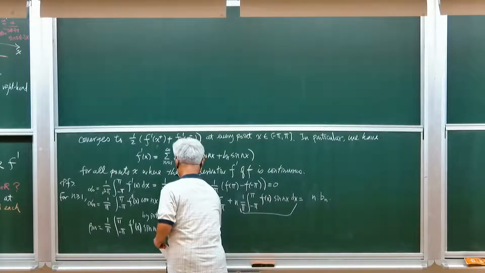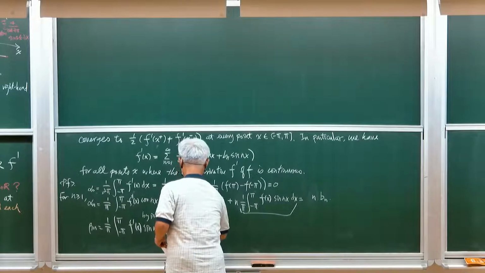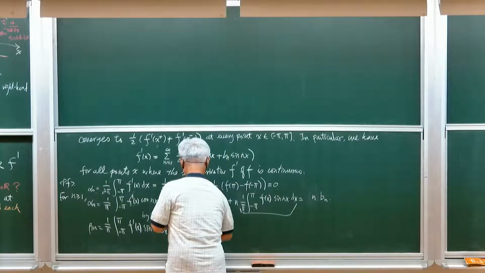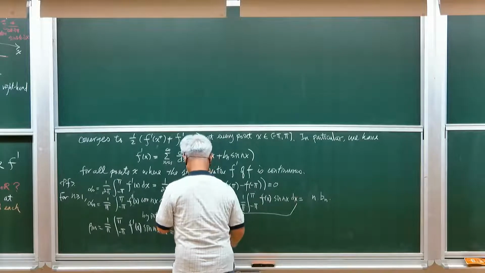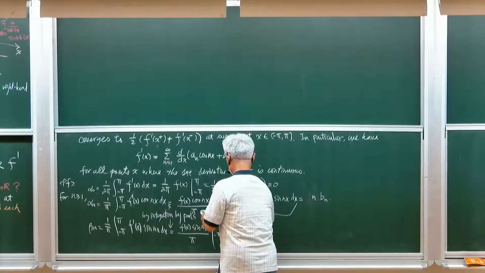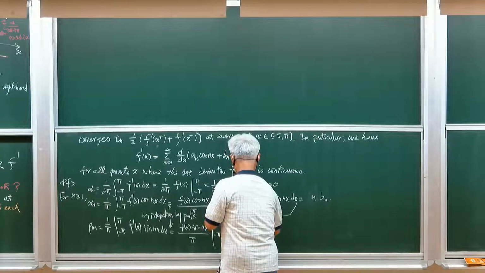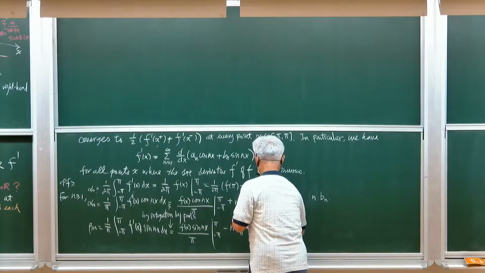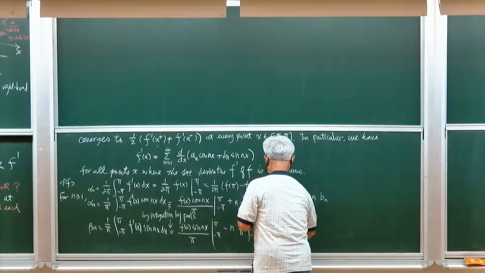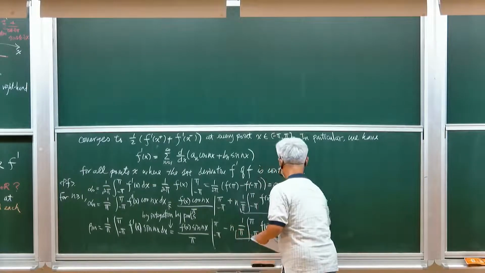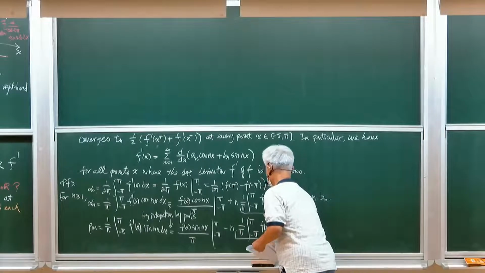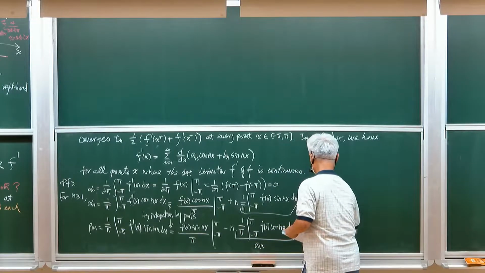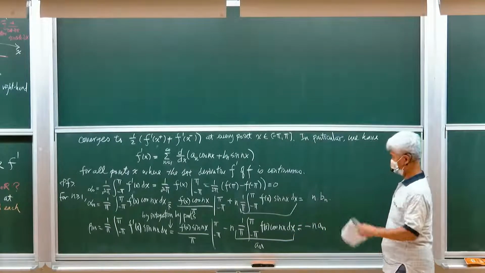So this is f of x sine nx evaluated from minus pi to pi, minus n times 1 over pi the integral of f of x cosine nx dx again. So this is an. So we have minus n an.